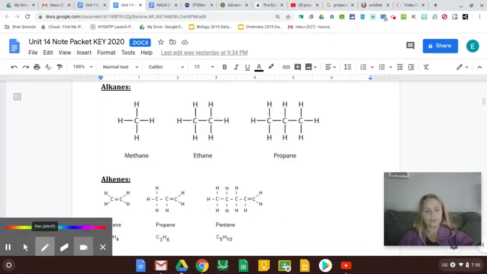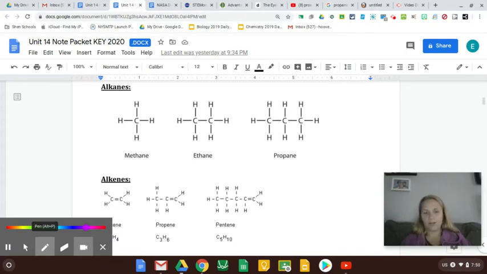So where did these get their names? Methane, ethane, propane, ethene, propene, pentene. Where do those names come from, and how can I figure them out? It's actually not that hard, and it makes you feel really smart because then you can name all these organic molecules. So take a look at methane, ethane, and propane.